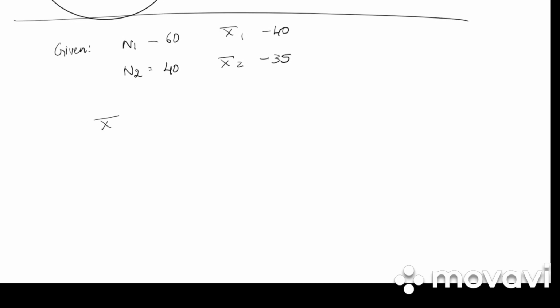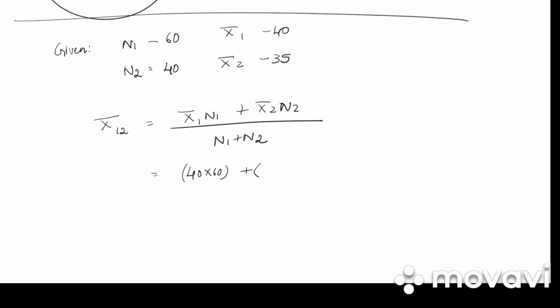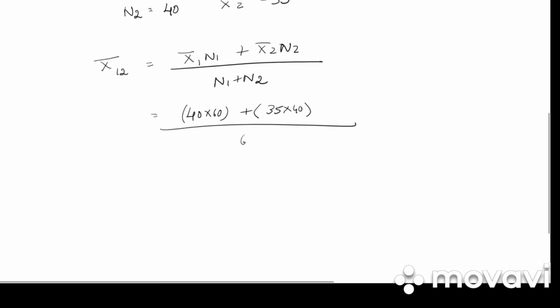So what will be the formula? X bar 12 is equal to X bar 1 N1 plus X bar 2 N2 divided by N1 plus N2. So it is 40 into 60 plus 35 into 40 divided by 60 plus 40.